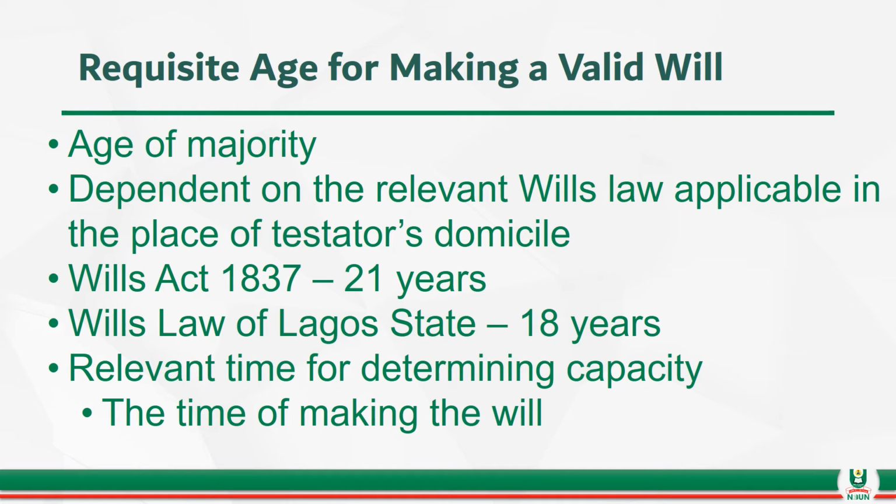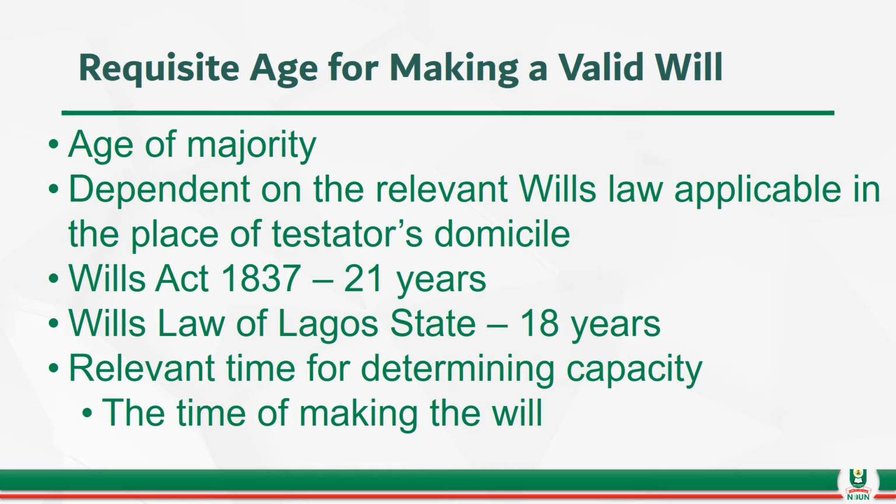For instance, under the Wills Act, the age of majority for making a will is 21 years. But under the Wills Law of Lagos State, the age of majority is 18 years. And it is important to note that when you are determining whether the maker of the will has attained the age of majority, the timing for determining capacity is not the time at which you are looking at the will, but the time of making the will.